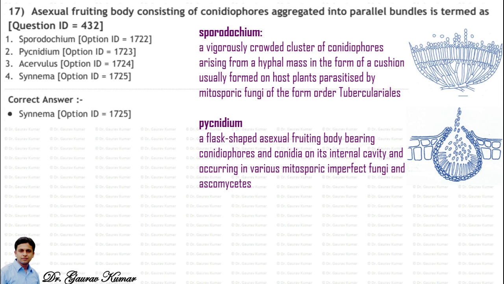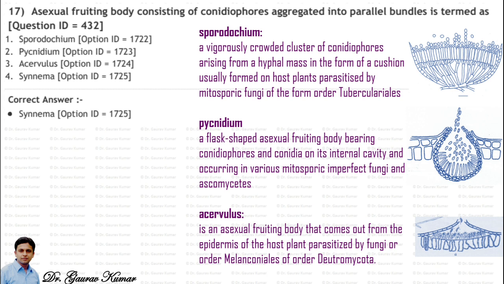Next is Pycnidium. It is a flask-shaped asexual fruiting body bearing conidiophores and conidia in its internal cavity, occurring in various mitosporic imperfect fungi and ascomycetes. Next is the Acervulus. It is an asexual fruiting body that comes out from the epidermis of the host plant parasitized by fungi of the order Melanconiales of Deuteromycota.